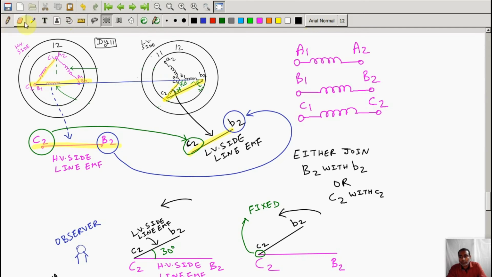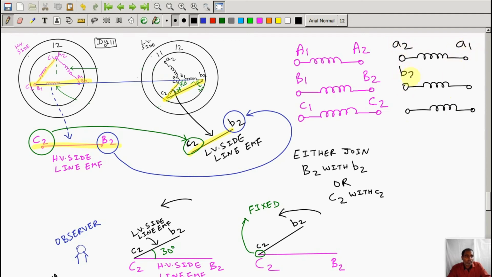We are again drawing the LV side. So this is your A2 A1, this is your B2 B1, C2 C1. So you see the terminal A2 and A2 are facing each other from the HV and LV side. Likewise the terminal B2 from HV side is facing terminal B2 from LV side.